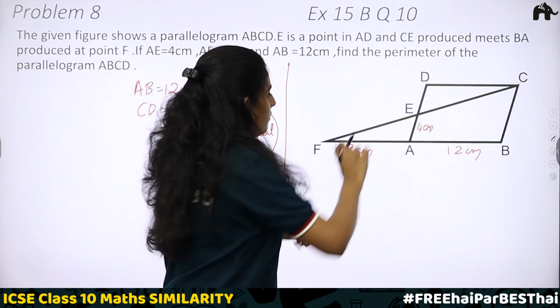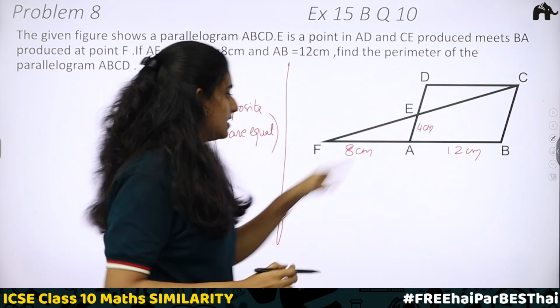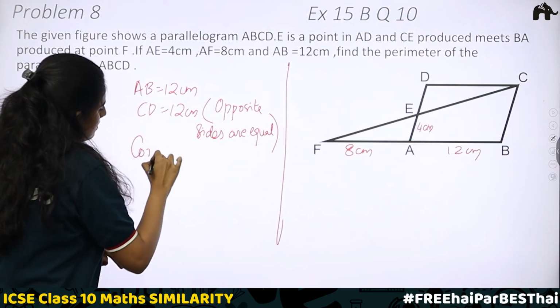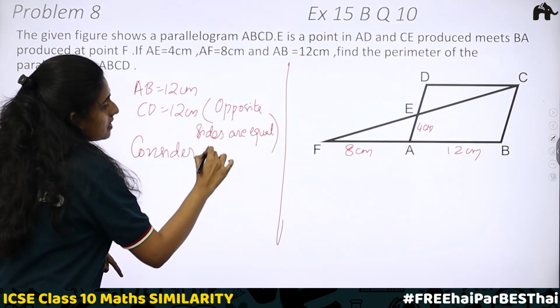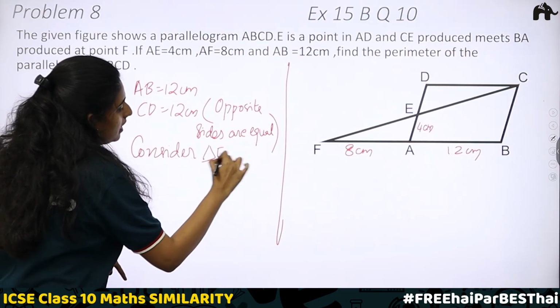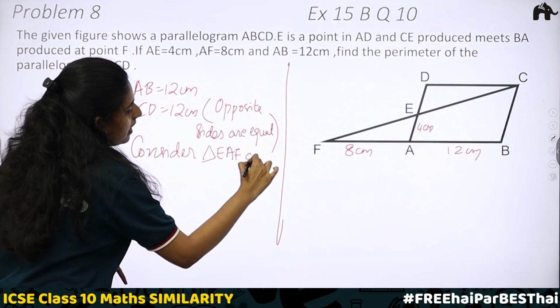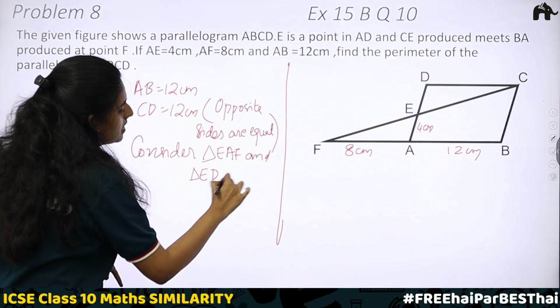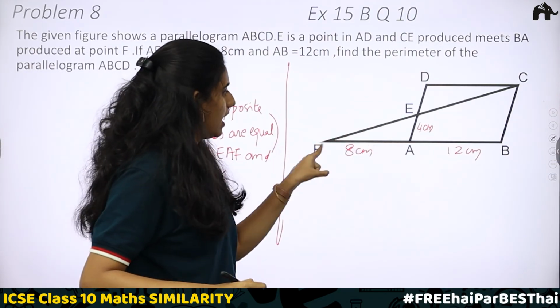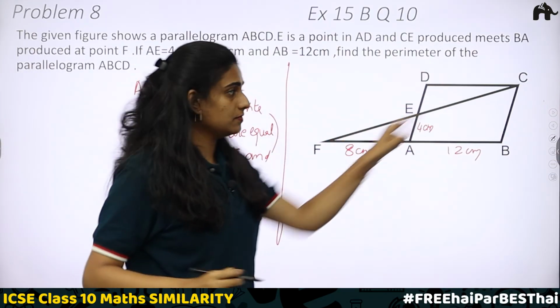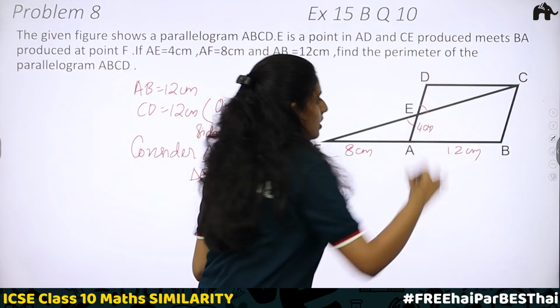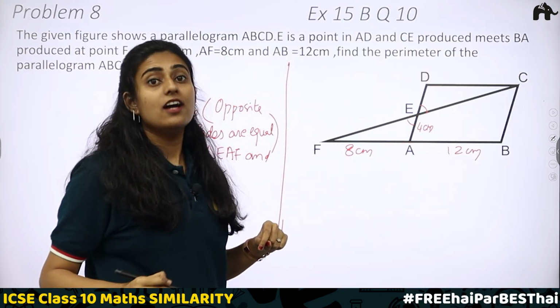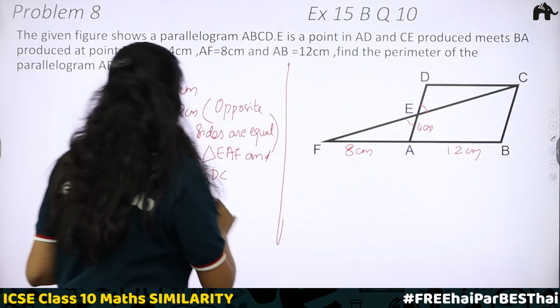Here, consider these two triangles, triangle EAF and triangle EDC. These two angles will be equal. What do we call these angles? Vertically opposite angles.